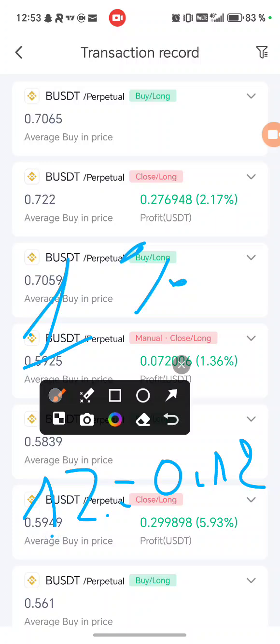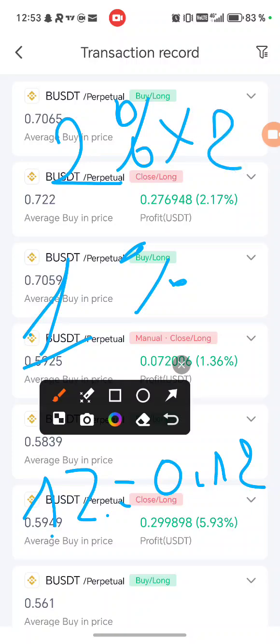If the signal said 2%, then I'm going to make 2% times 2 on this money invested, which is $12, if the leverage is 1x. So 1% of $12 is going to give me 0.12 cents.